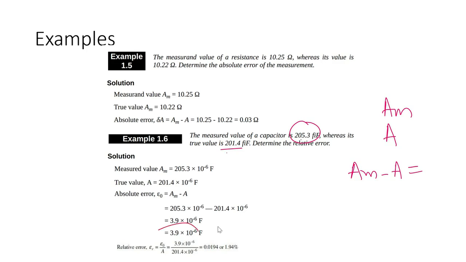Now divide this error by the true value, which is A. So AM minus A divided by A turns out to be 0.0194, which is 1.94%. So this is it for this problem.